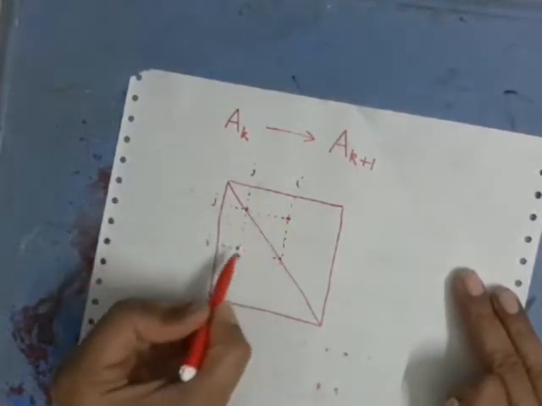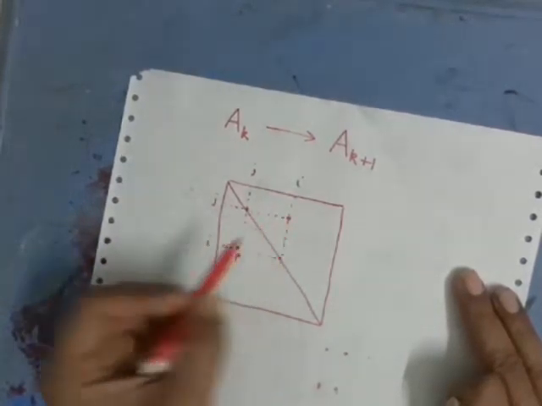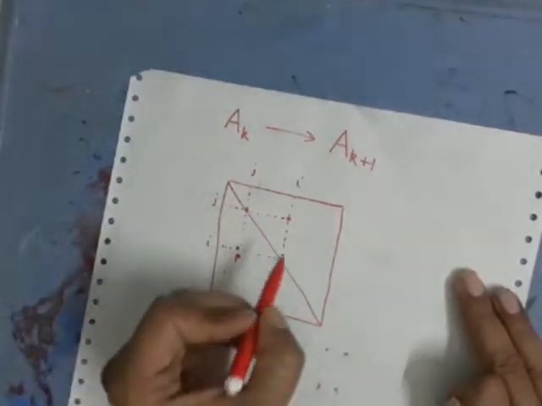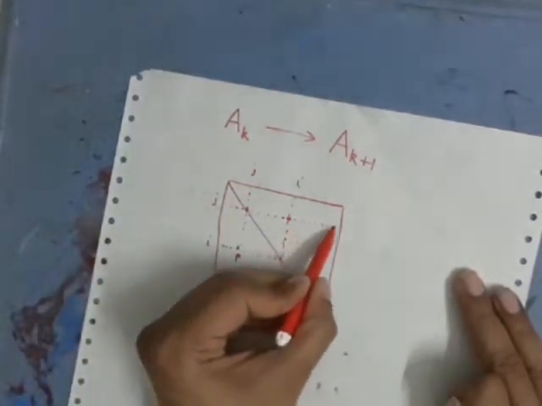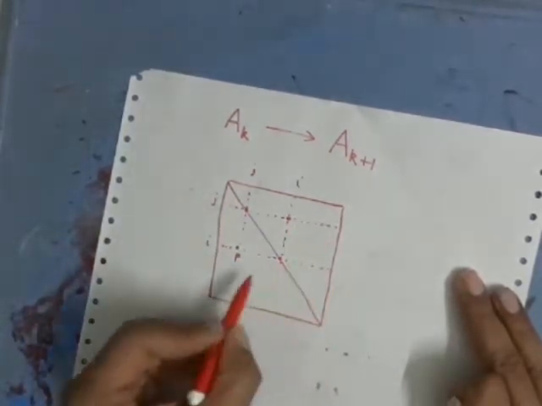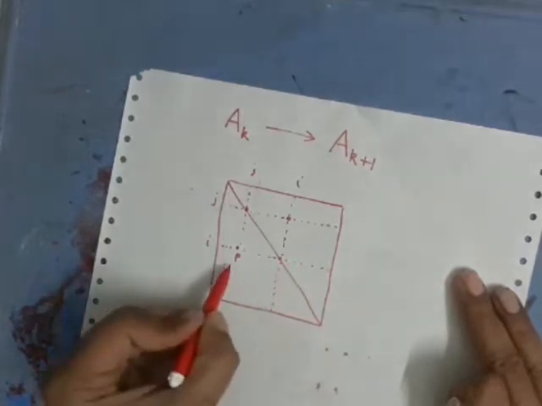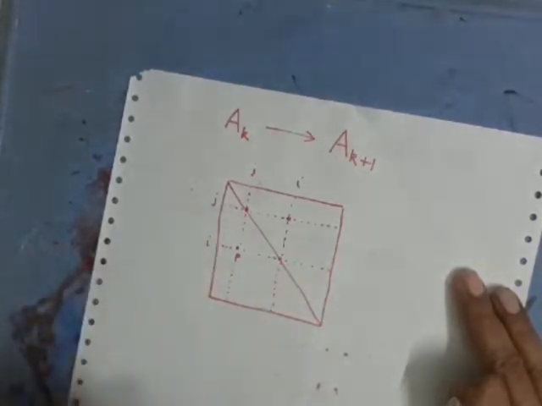These 4 entries constitute a 2 by 2 submatrix, and we are interested in only that. We apply our Givens transformation to only that particular submatrix.